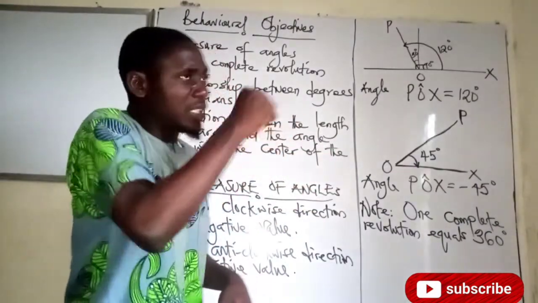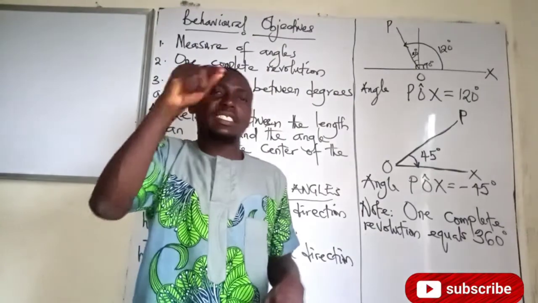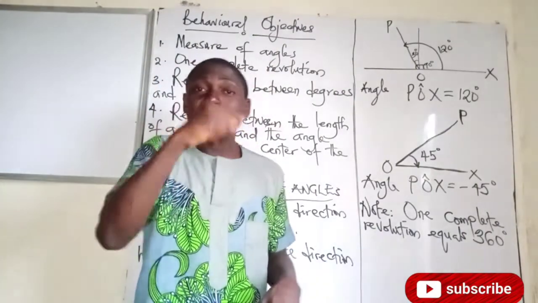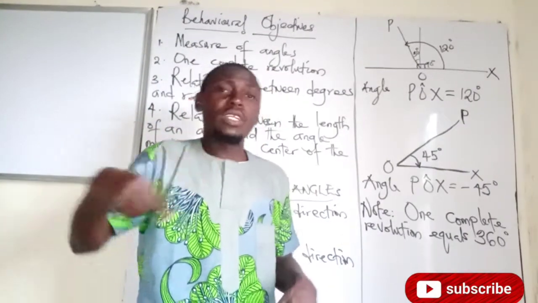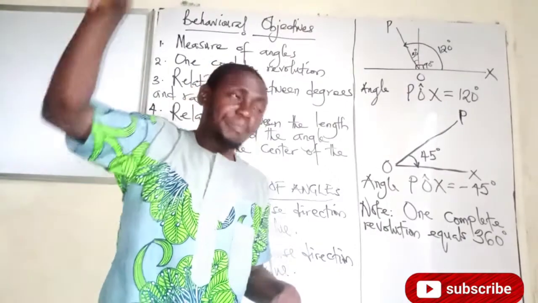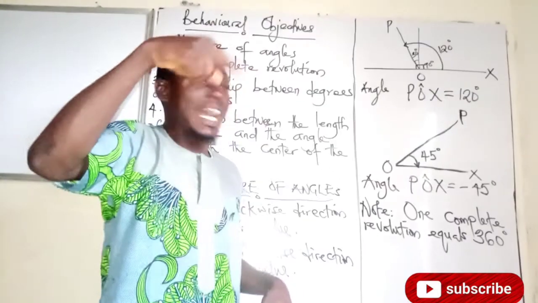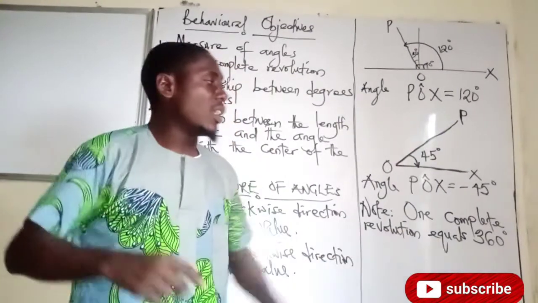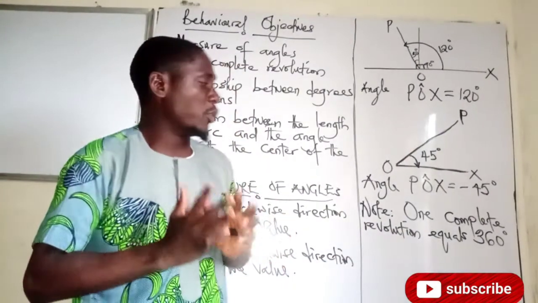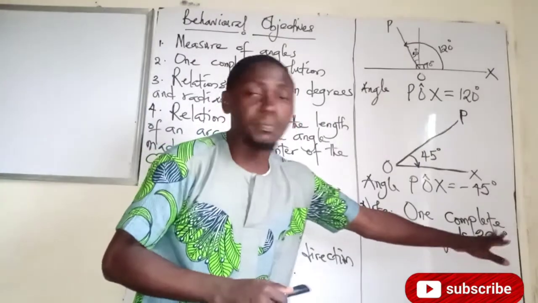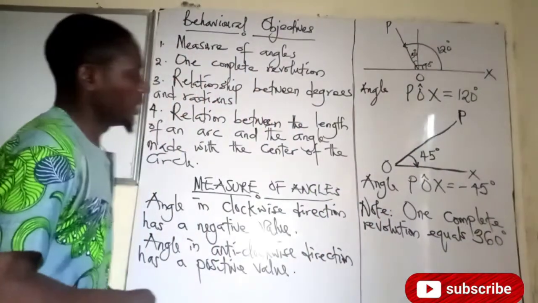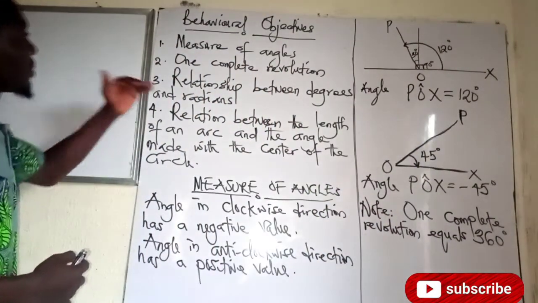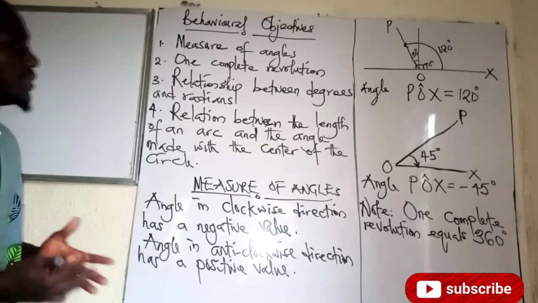If we assume that the center of the circle is O, it takes the angle 360 degrees to complete one revolution, and one revolution is nothing but 360 degrees. So let's go to the next thing we have in our objective today.